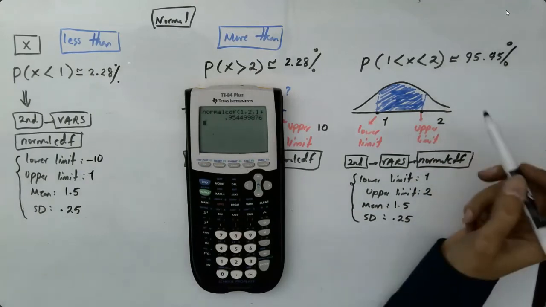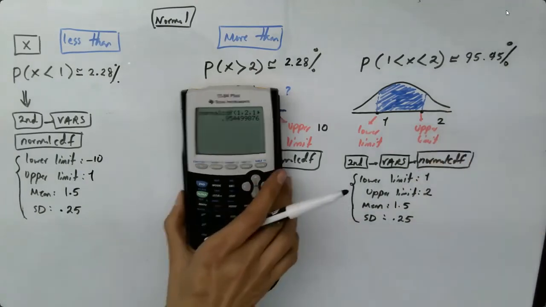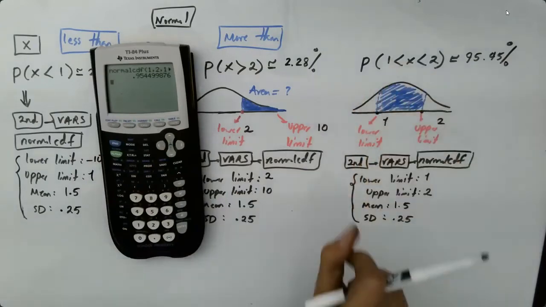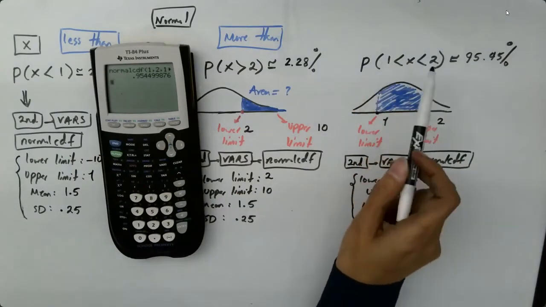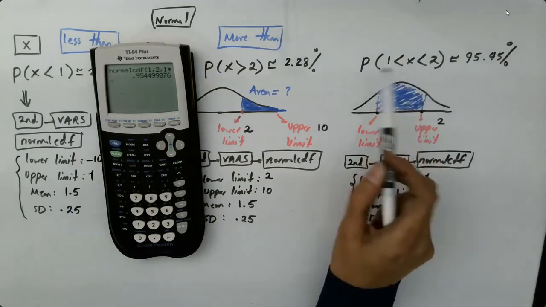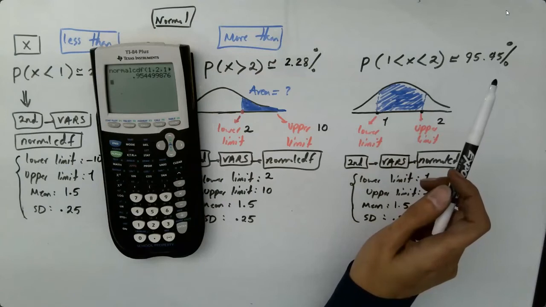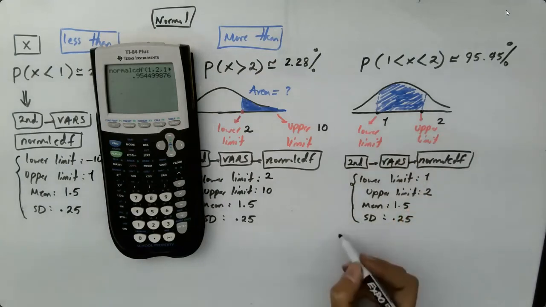What's the meaning of that? It means that the probability that I randomly select a user and that user keeps the phone between 1 to 2 years is 95.45%.